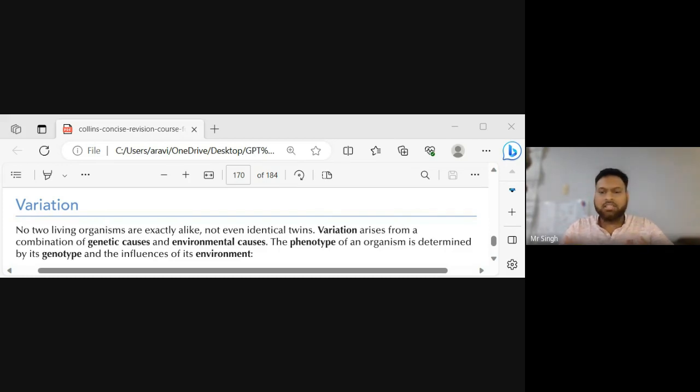So because there is variation in the environment, some people might be good-looking, but others might not be so good-looking.